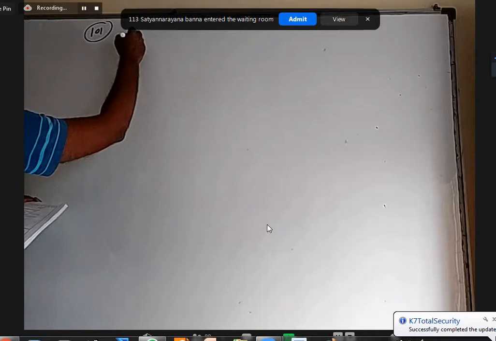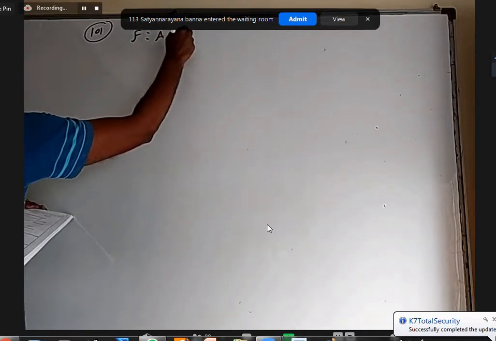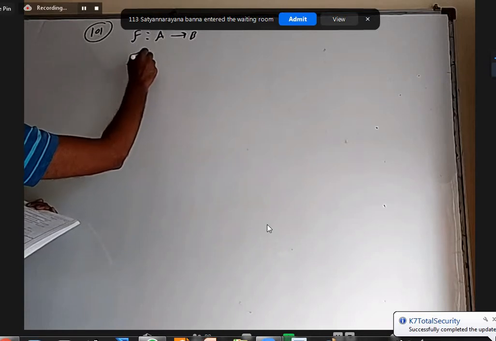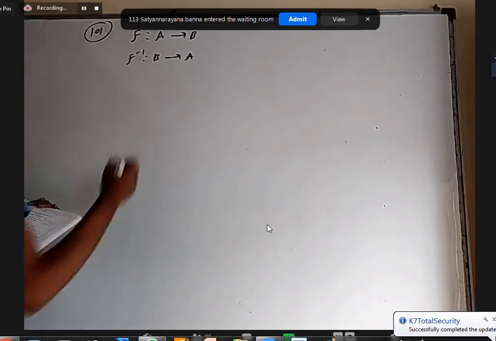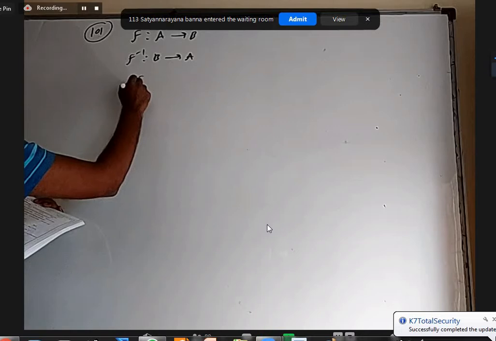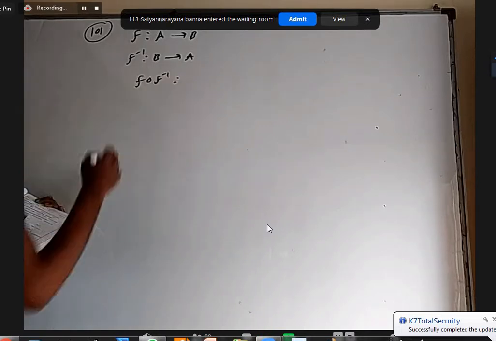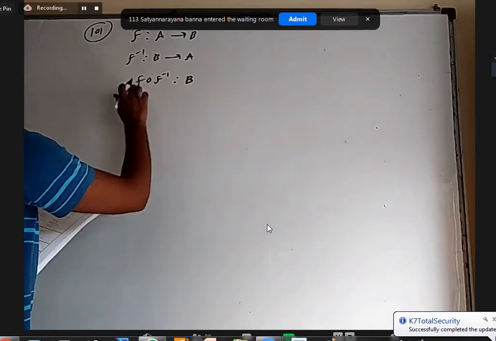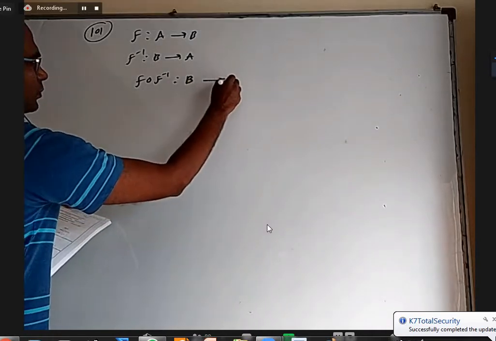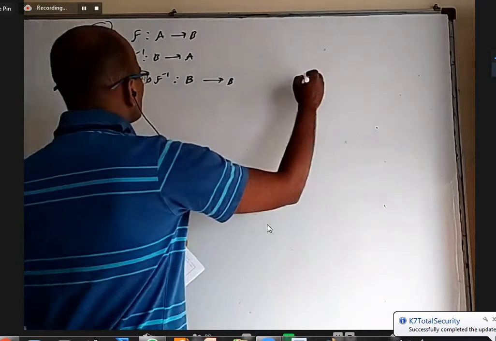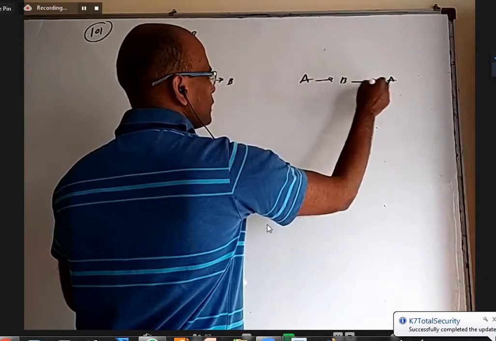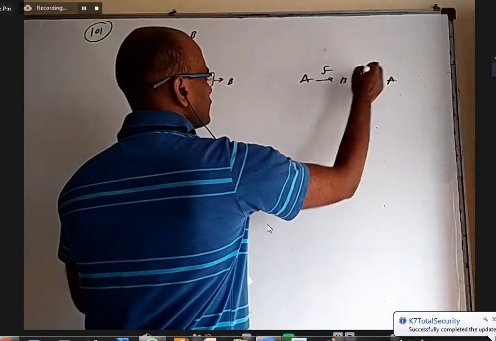So 102 is a very simple question. They gave f is a function from A to B. It's a bijection, so f inverse is a function from B to A. Based on this, what is the domain of f inverse? B. And the codomain of this is A. This is A, this is B, this is f, and this is f inverse.